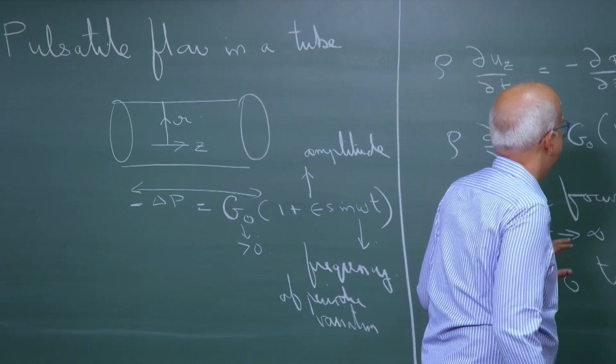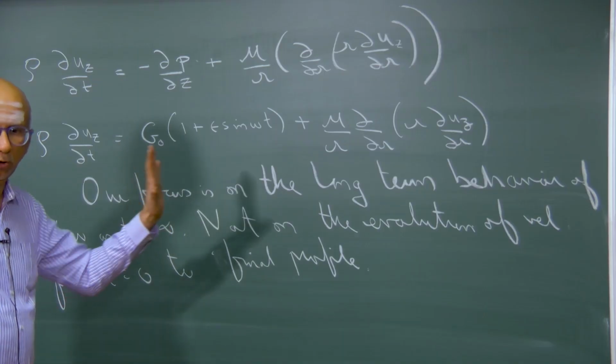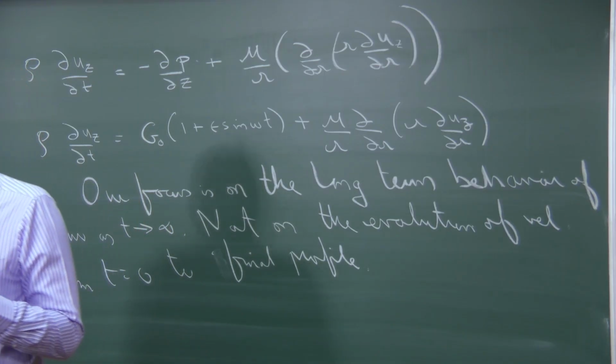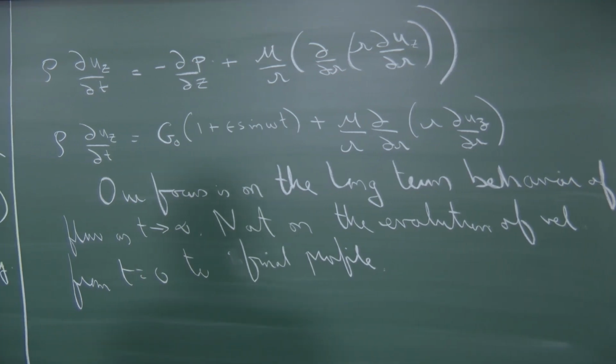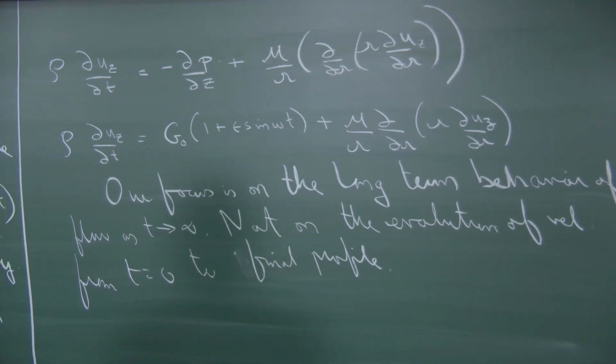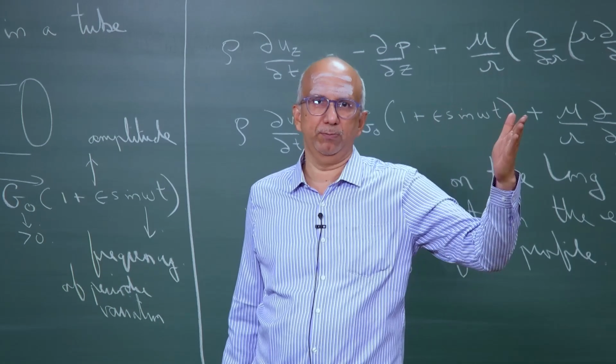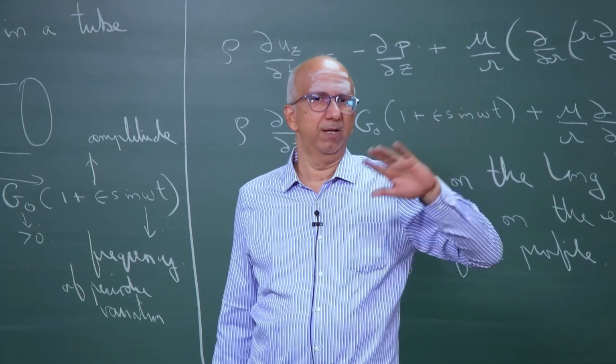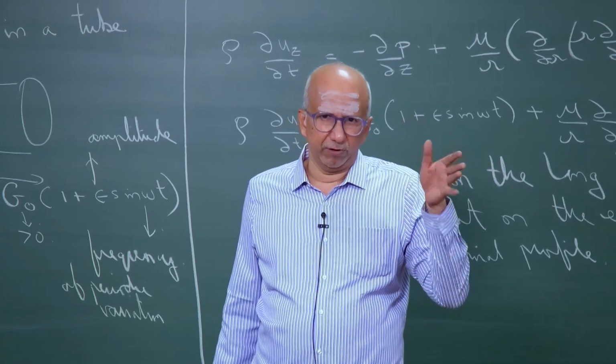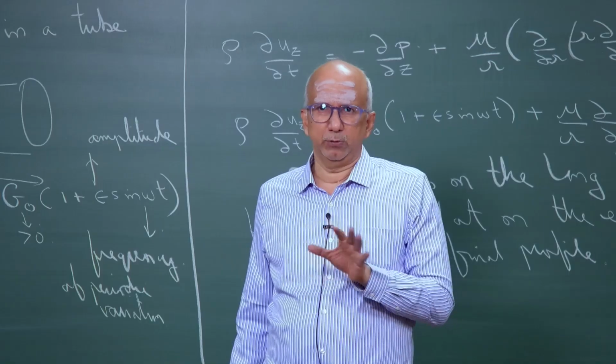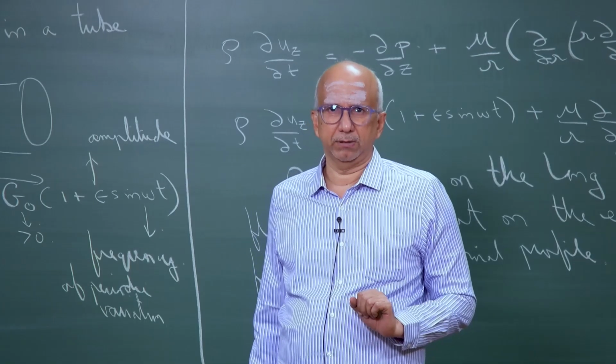So, keep this in mind that we are only interested in the long term behavior. What this means is we really do not worry about initial conditions, because if you are interested in how it evolves from the initial condition to the final profile, then you are interested in the transient. We are not interested in that, we are only interested in the final state. So, initial conditions do not really play a part, okay.